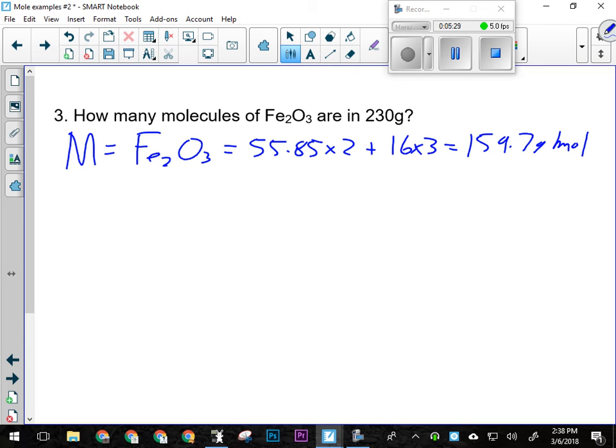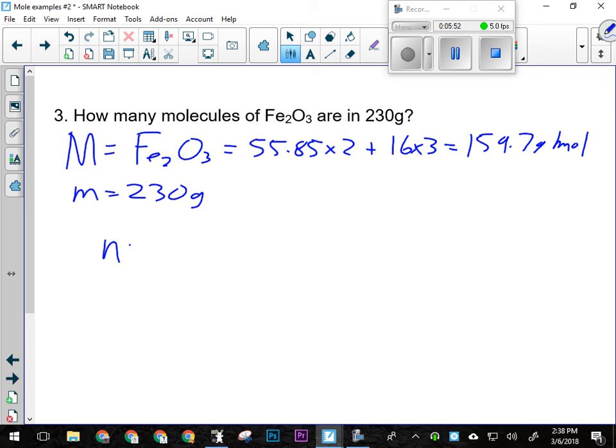Our next thing here is we've also got the mass, 230 grams. Even if at this point I don't know what to do to get the number of molecules, what should I find if I have big M and little m? N. That's the next logical step. It's what I can find right now, even if I can't remember what to do after that.